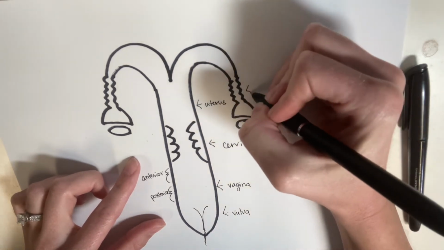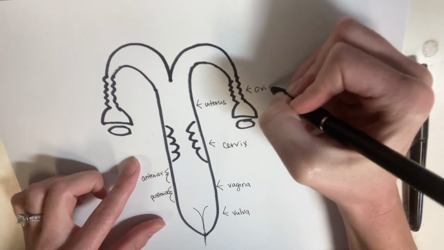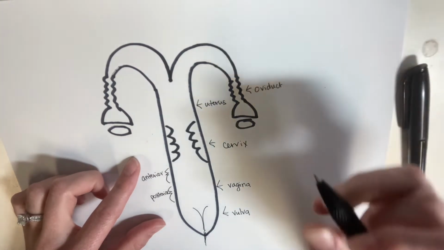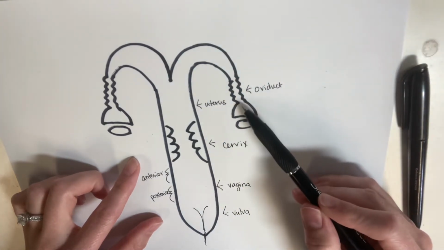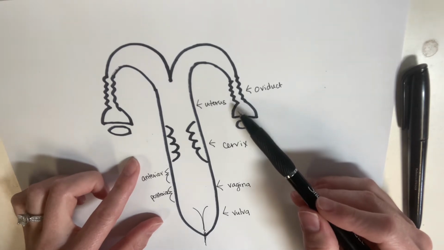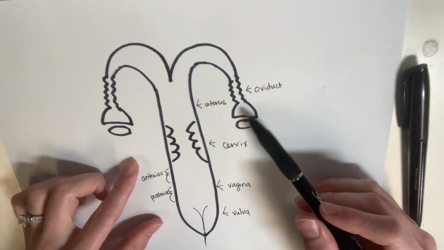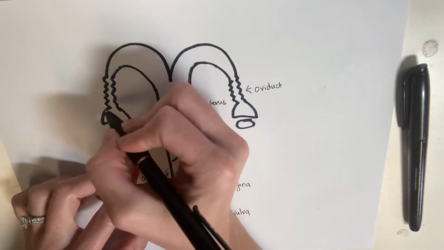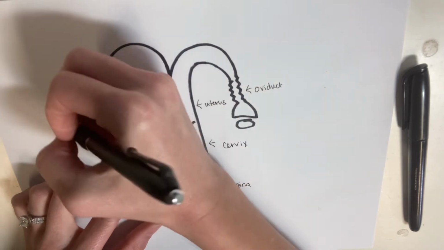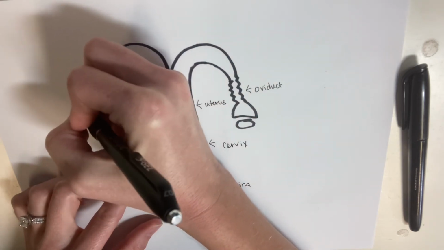Now we're going to move on to the oviduct. Now the oviduct overall is where the site of fertilization occurs. Now if we want to get a little bit technical, we can break it down into 3 parts. So over here, the first part would be the ampullary.